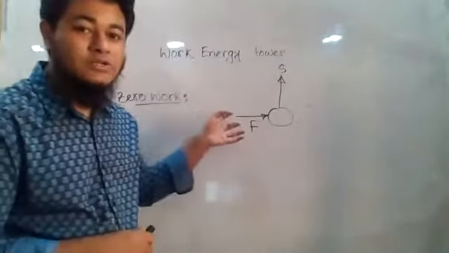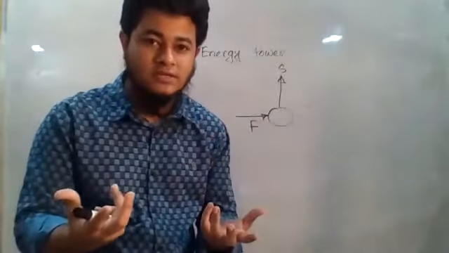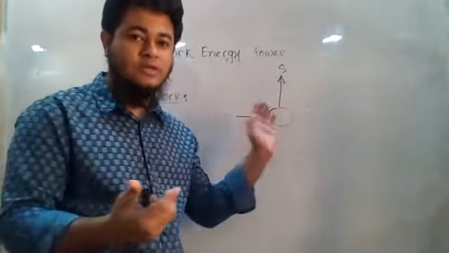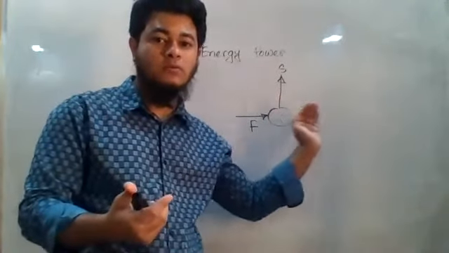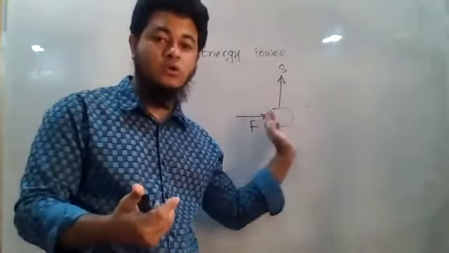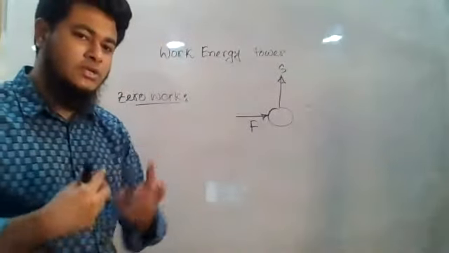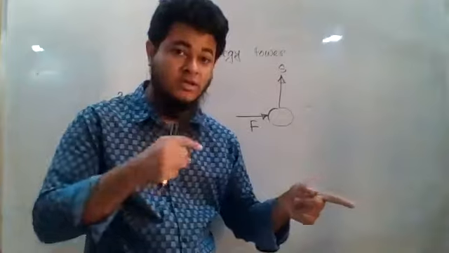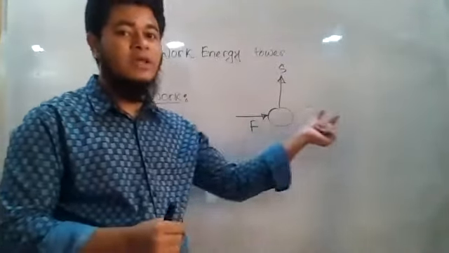Because due to the application of this force in the horizontal direction, the object is not covering any displacement, not covering any distance, right? The displacement does not have any component along the x-axis or horizontal direction. Do you understand my point? This is similar to our common concept that we apply some force, but there is no displacement along the direction of force.